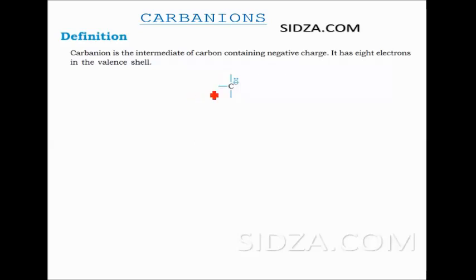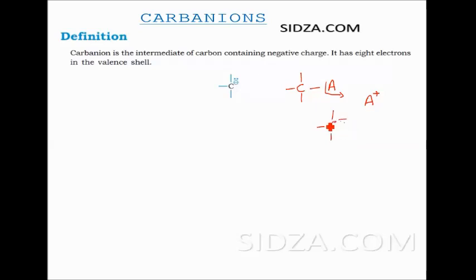A carbanion is actually a carbon with a negative charge, and we see here it has 8 electrons in the valence shell. This carbanion is formed when, suppose, an atom A is lost from the carbon, the bond breaks here, and the atom A goes away as A plus without electrons, and the carbon now acquires a negative charge.